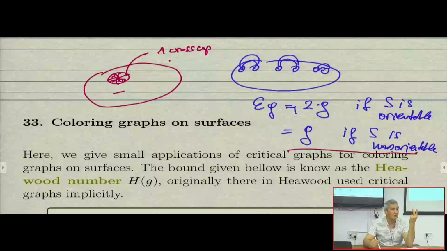If I cut it out, there will be one hole. The Klein bottle has genus 2. So Euler genus counts the number of holes, which comes to twice the genus for orientable and equal to the genus for non-orientable. Okay?